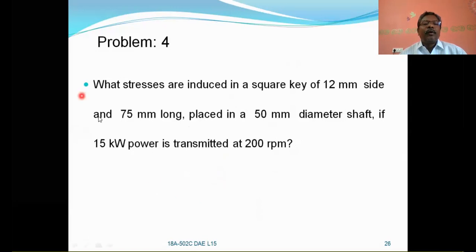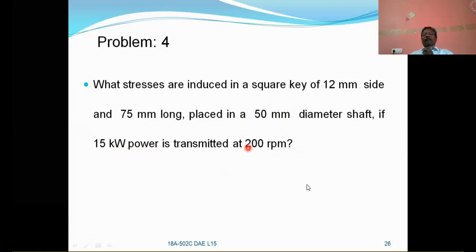And next problem: what stresses are induced in a square key of 12 mm side and 75 mm long placed in a 50 mm diameter shaft if 15 kilowatts power is transmitted at 200 rpm.